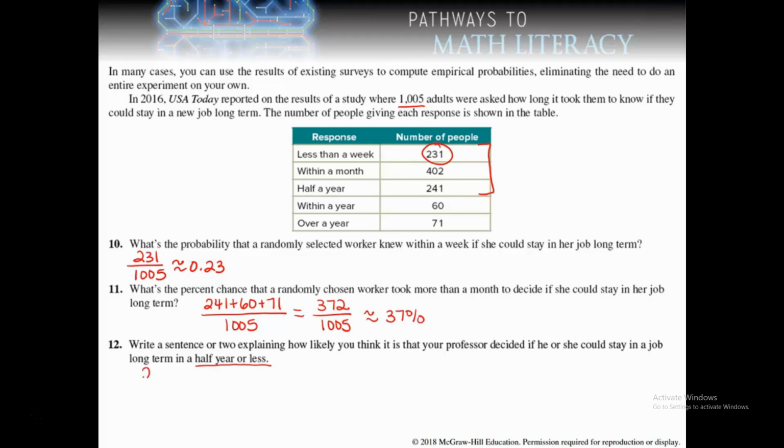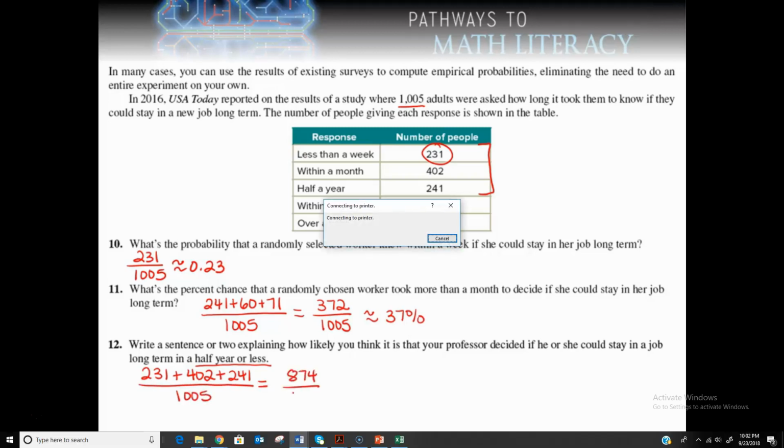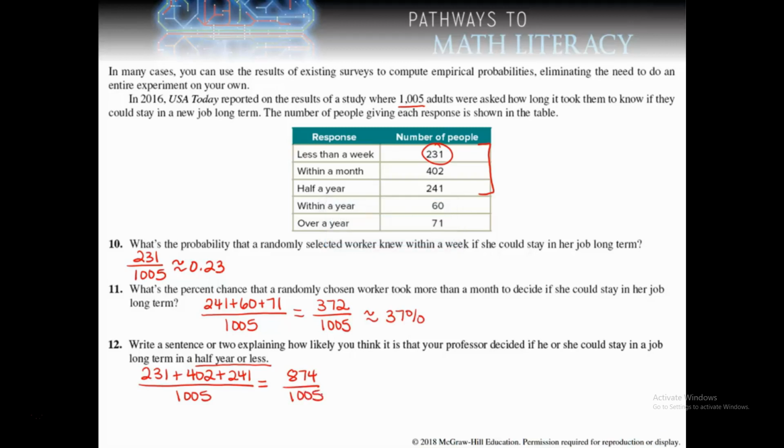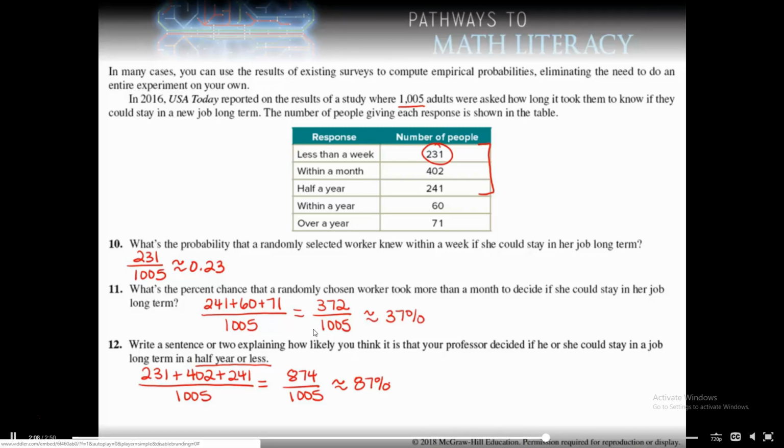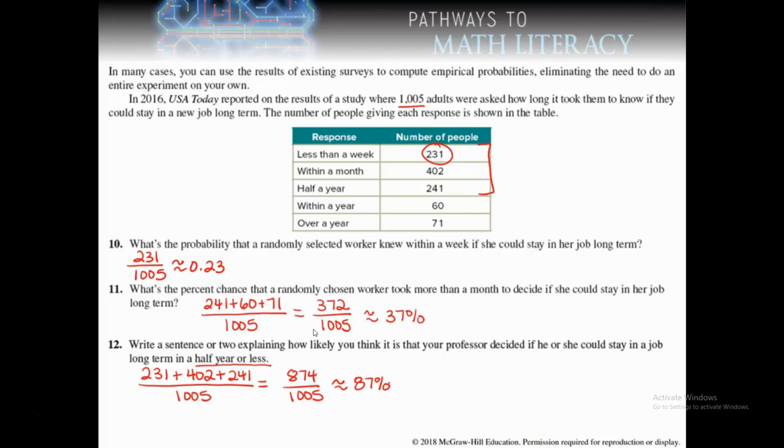That would be 231 plus 402 plus 241 over 1,005. That's going to be 874 over 1,005, which is about an 87% chance. So that means that your professor probably has about an 87% chance that they decided this within a half year or less.